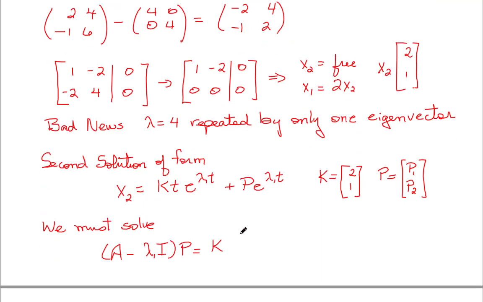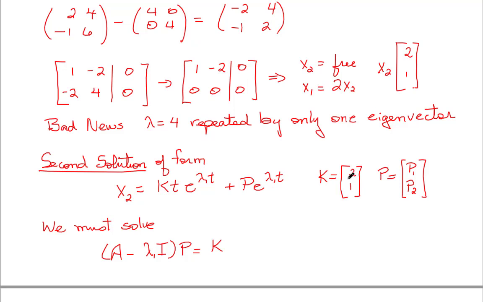And the second solution is going to be of the format K t. If you remember, a long time ago when we had something with repeated roots, we introduced a t into the process. So the x2 is K t e to the lambda 1 t, my first lambda, which is 4, plus P e to the lambda 1 t.